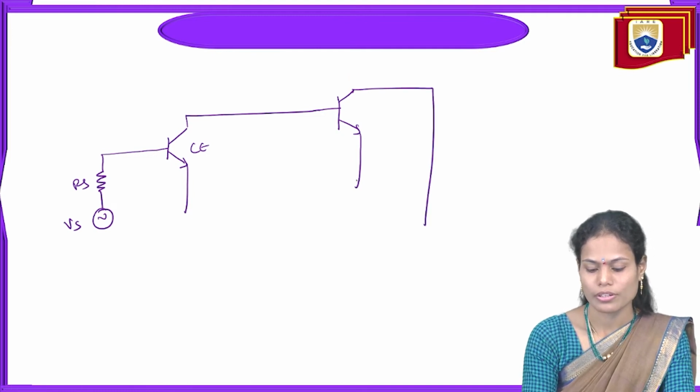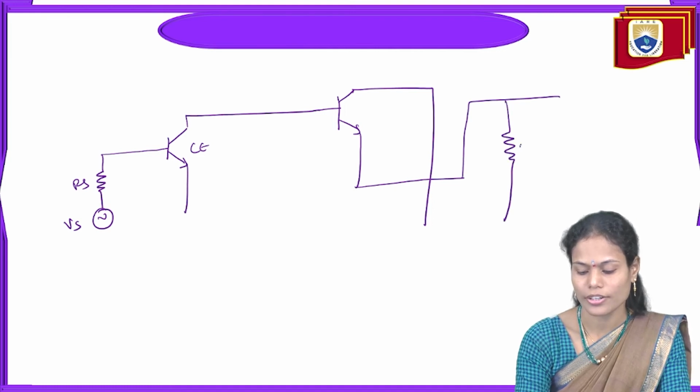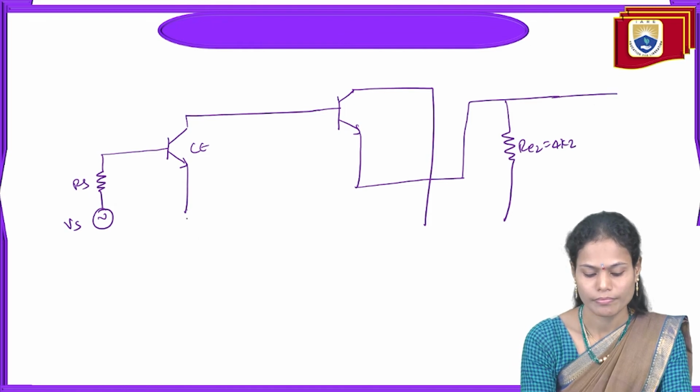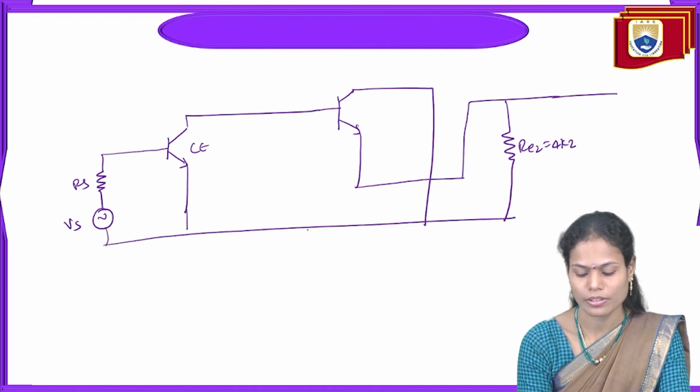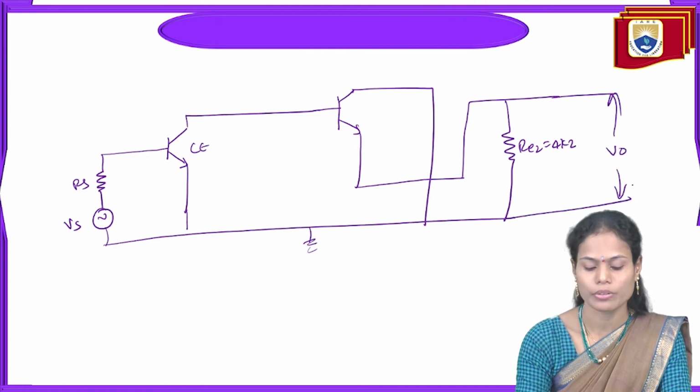This one is grounded and it is connected to the RE2 resistance of 4 kilo ohms. These all are grounded here. Here we'll measure the output voltage.